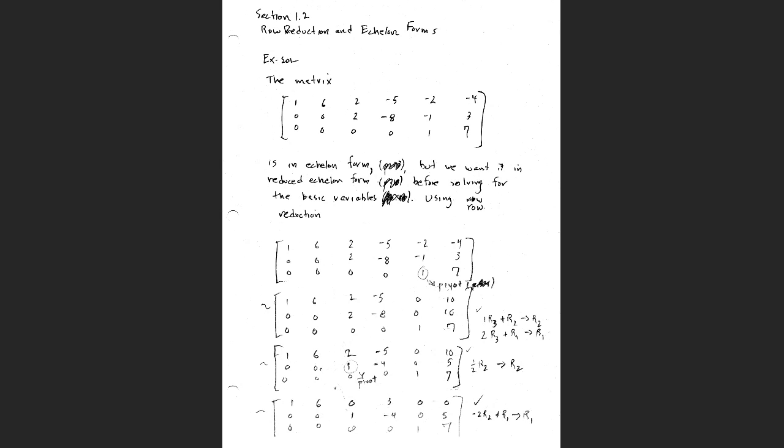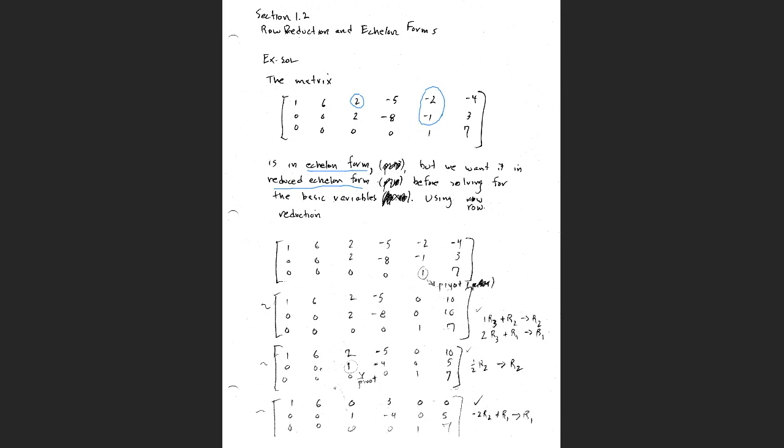The augmented matrix is in echelon form, but we want to have it in reduced echelon form. And that means we want to have zeros where the -2 and the -1 are. And also we want to have a 0 where this 2 is.